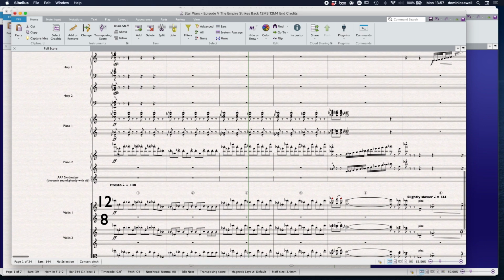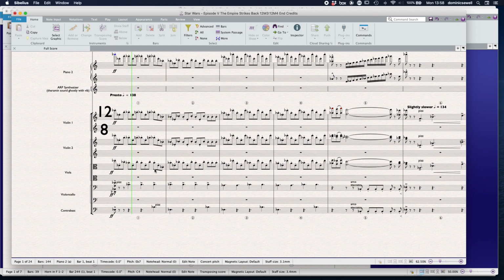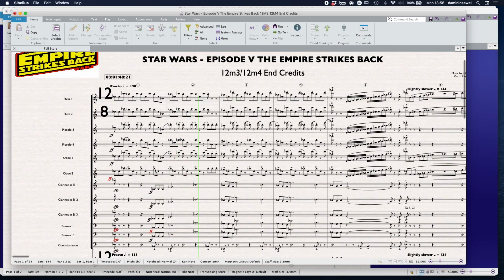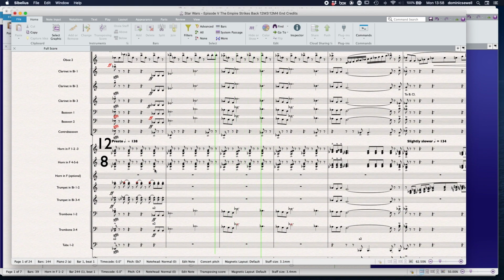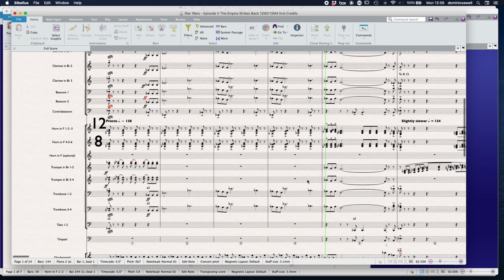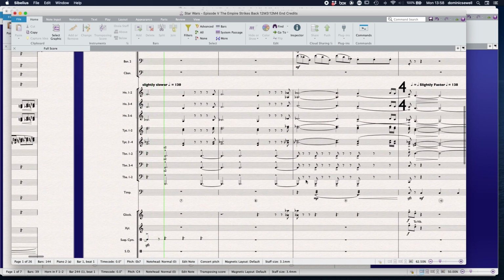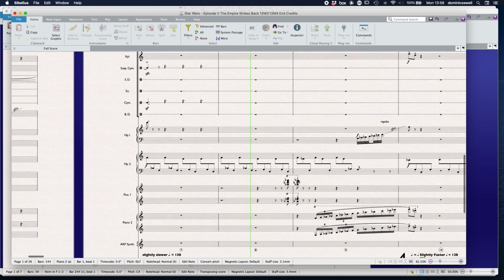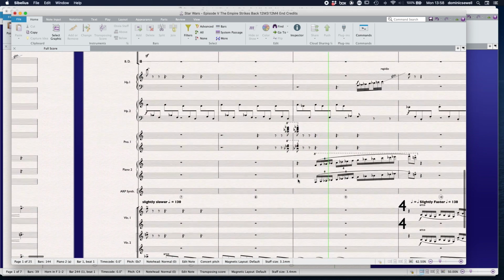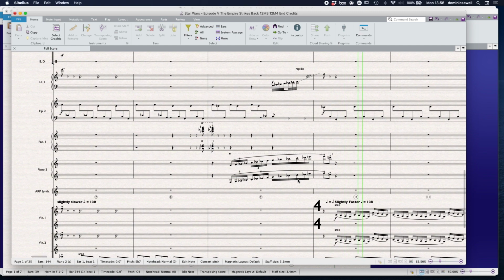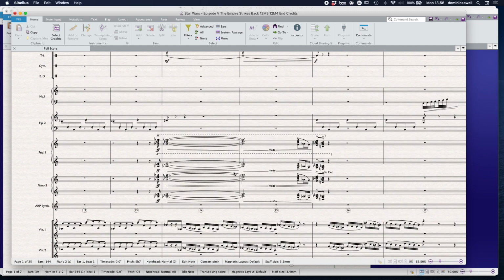Also 2 harps, 2 pianos as well. It does make a difference having two pianos.